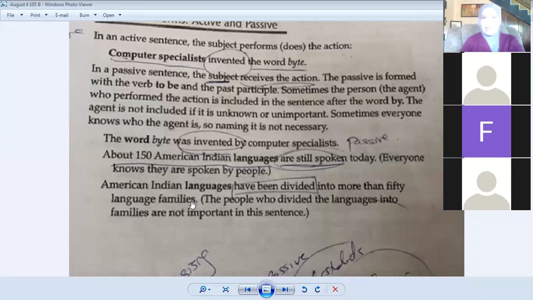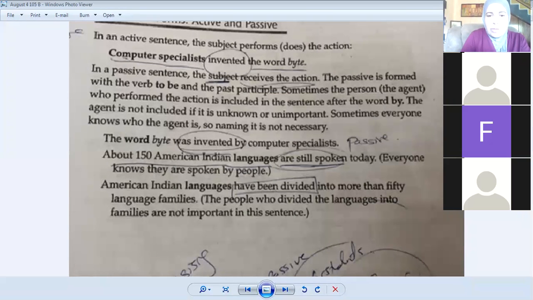So when we have present continuous or past continuous, and we want to write the sentence in the passive, what do we do? This is the form. Look what we do. We put the object first.